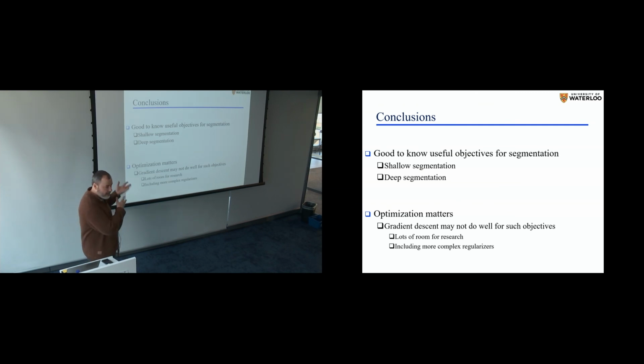I think it's a more scalable way to go, at least in the medical context, but we also explore ideas for domain adaptation, because we know that networks overfit to a domain. So there's lots of room for regularizers. People know this, but I'm specifically talking about segmentation.